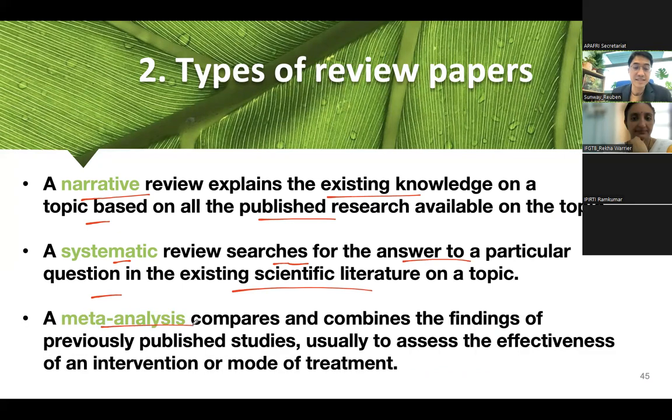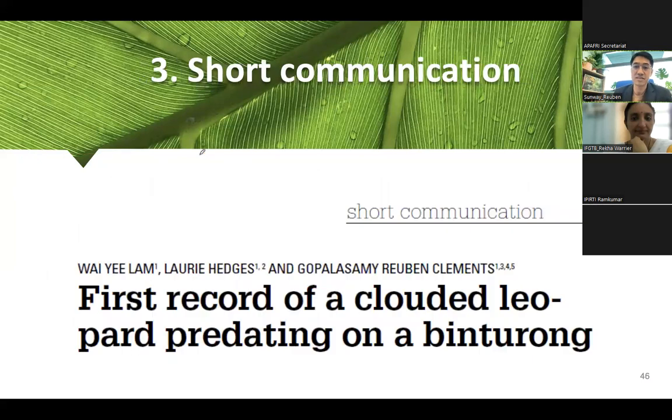There's also a meta-analysis kind of review paper, which involves a lot more analysis and statistics to see the effectiveness of an intervention or mode of treatment. Going into details of how to do a meta-analysis is really a course in itself, but you can always focus on just writing a narrative review without much analysis, without need for statistics.